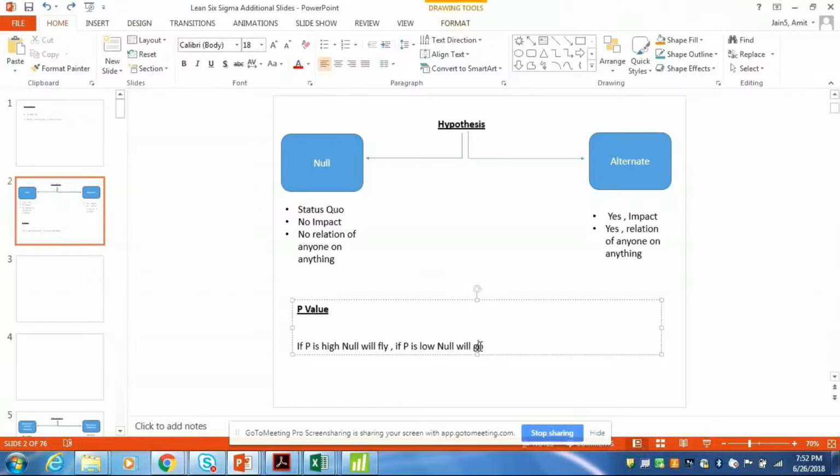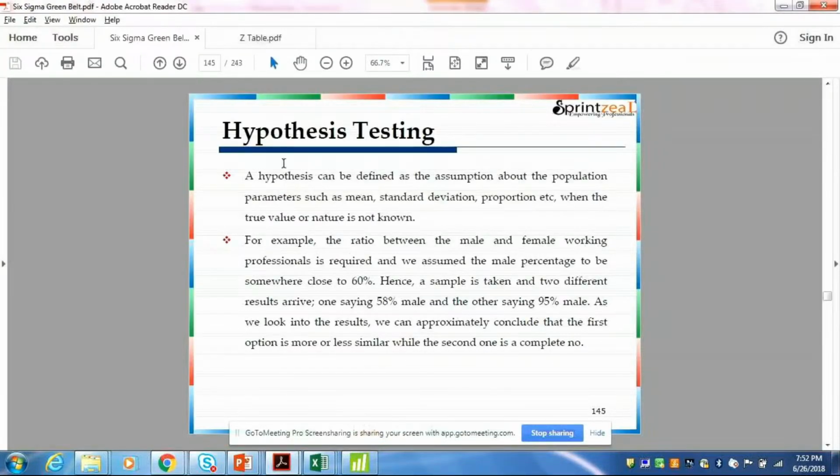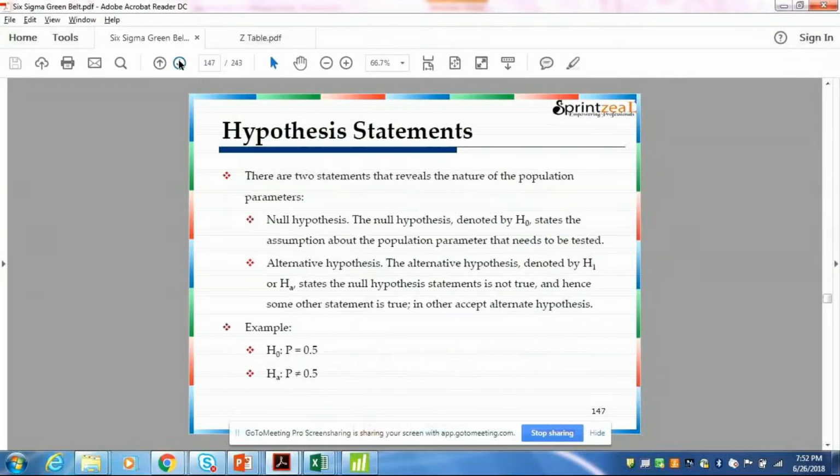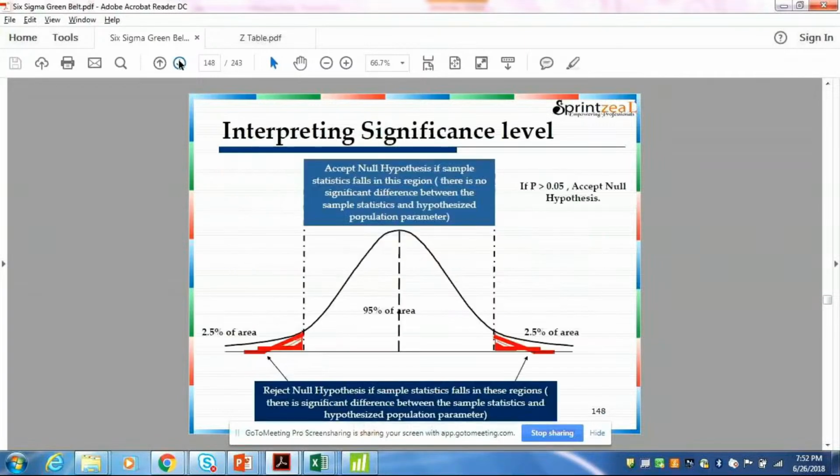Okay. So we will look at hypotheses, and I'll not go through all this. So if you look at this slide, this is what it is explaining.